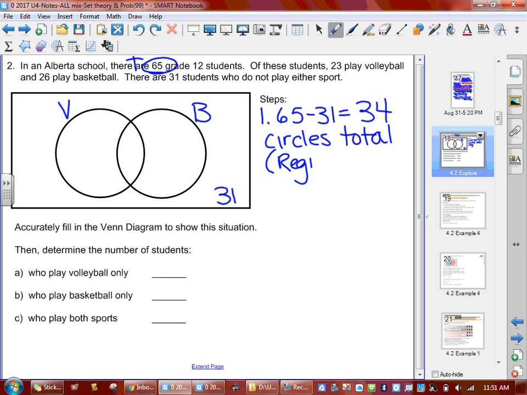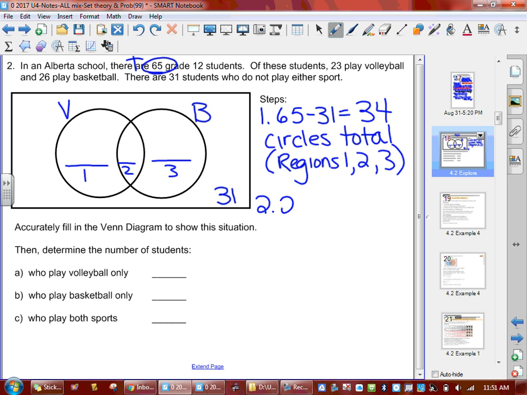Step 2, we add the totals that they gave us for both groups. We've got 23 like volleyball, 26 like basketball, which gives us 49 total.